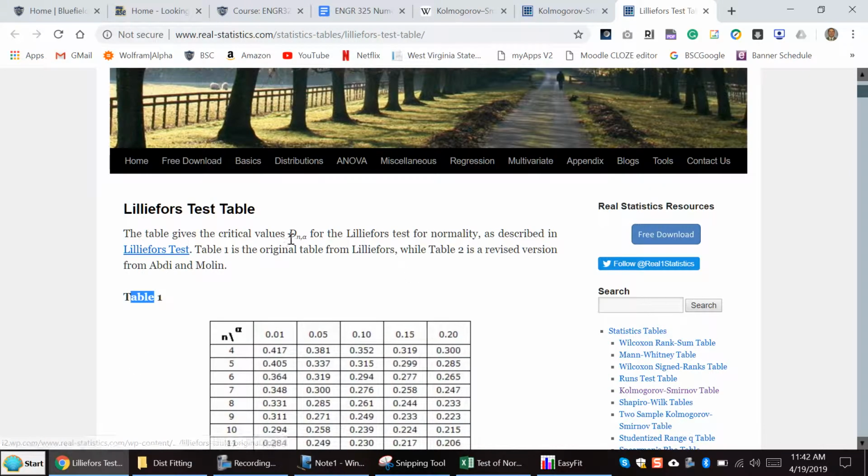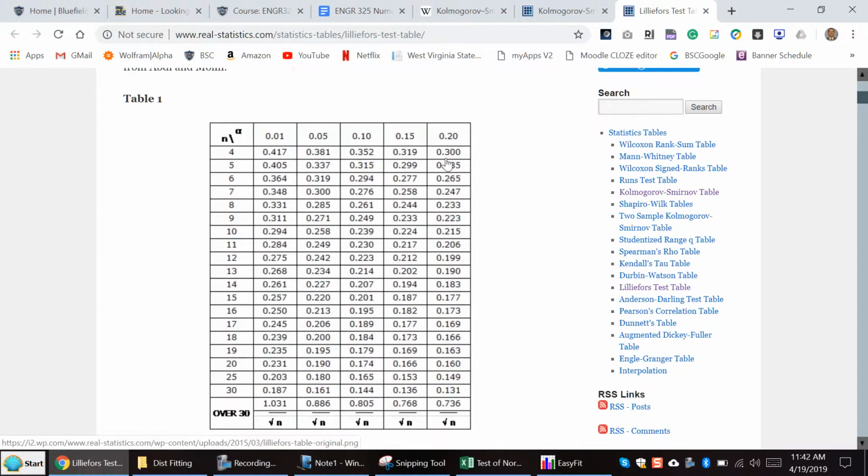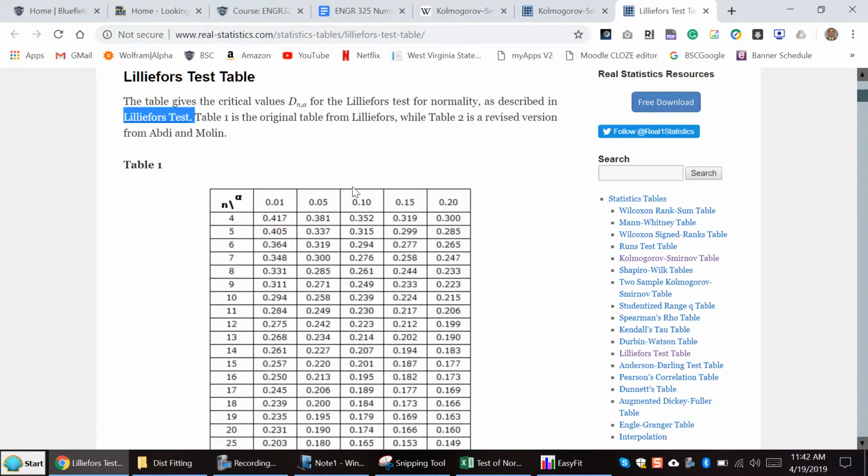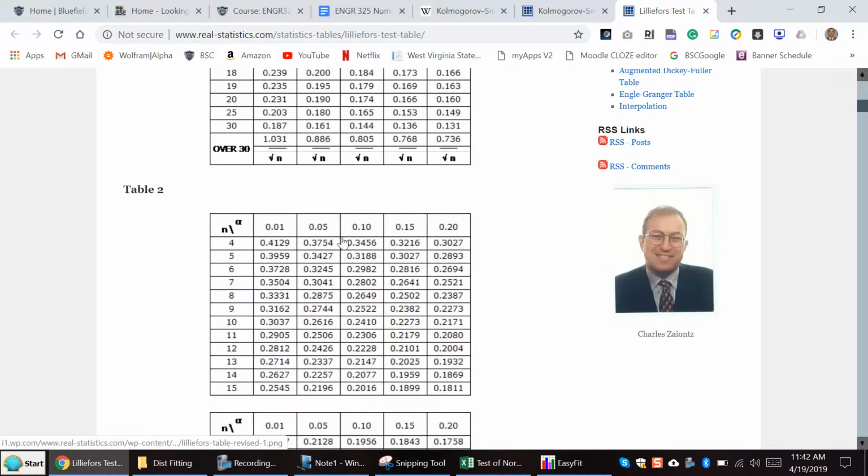So table 1 are the original values that were calculated on a large computer back in the 1960s, and I think they did 1,000 runs to get each one of these values. Later, like maybe back in the 90s, these two other guys, Abdi and Molin, went in and created new tables.